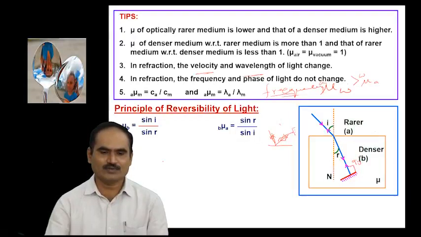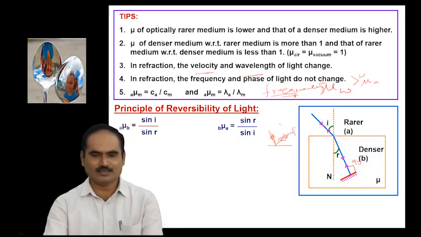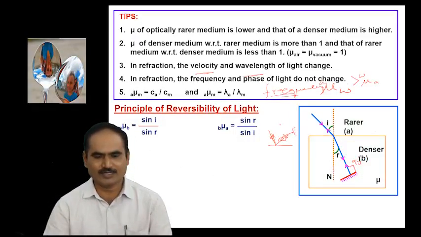Right? So here you can see how it can be proved. Suppose here you take the refractive index of B with respect to A. Refractive index of B with respect to A is equal to sin I by sin R. Then the refractive index of A with respect to B is equal to sin R by sin I.